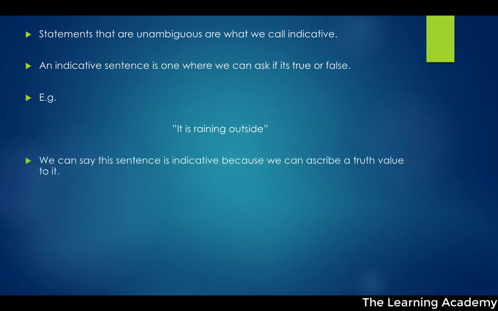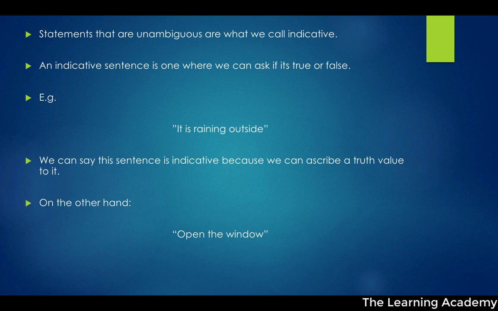And we call this an indicative statement because I can assign a truth value to it and it makes sense. It can either be true or false, and to suggest that this statement is true or false is something that makes sense to us.